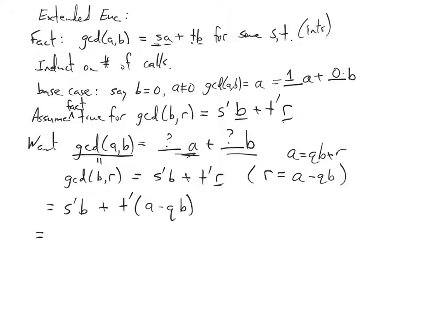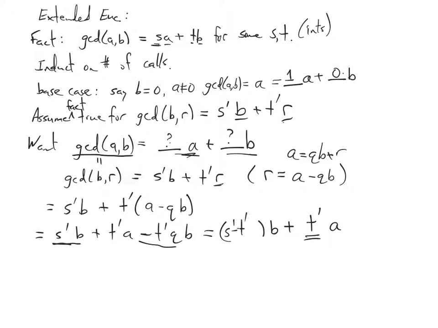Cleaning that up, that's S prime B plus T prime A minus T prime QB, which gives us something times B plus something times A. So it's T prime times A, I've switched the order here accidentally, and then the things multiplying B are S prime and minus T prime Q. So just to clean it up, it's T prime times A plus S prime minus T prime Q times B. This would be a good place to say that these primes do not represent derivatives.